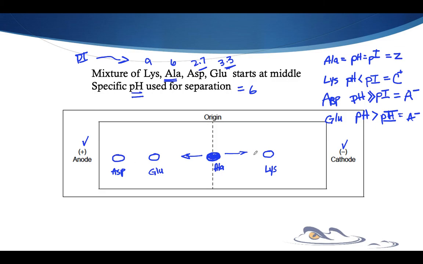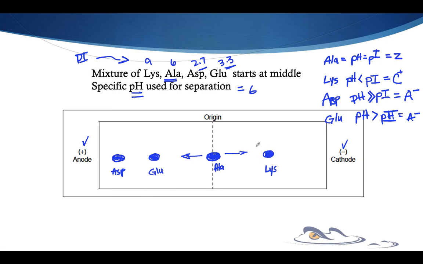Again, all 4 of these are separated for the same amount of time. So the rate at which it's going will be represented by its distance, right? If it goes faster, it's going to end up going further, because the aspartic acid and the glutamic acid are both being separated for the same amount of time. So time would be a constant for these, and speed could be represented by the distance it travels.